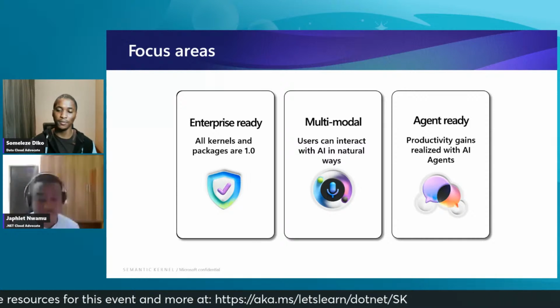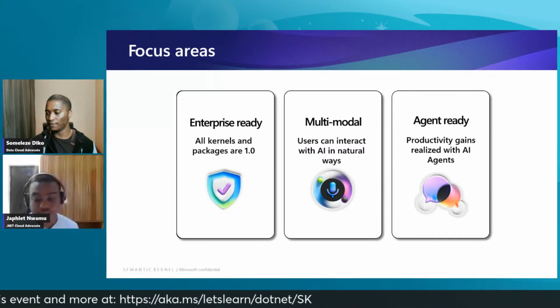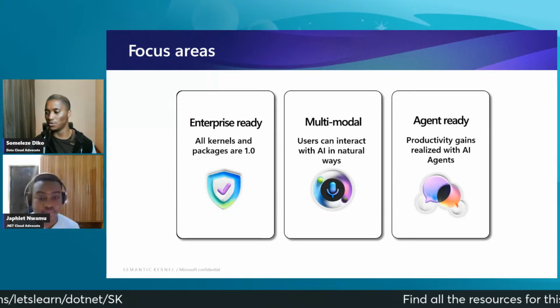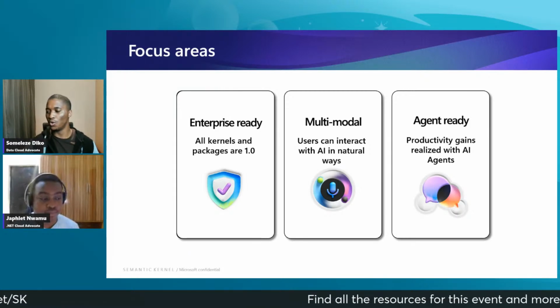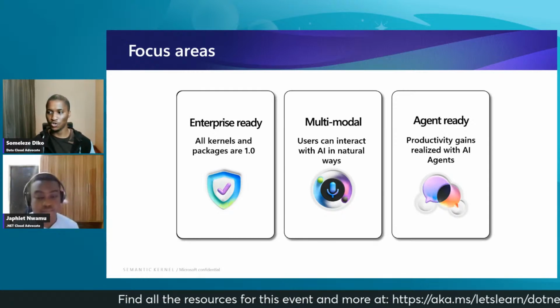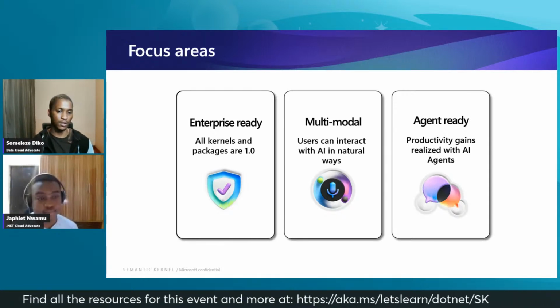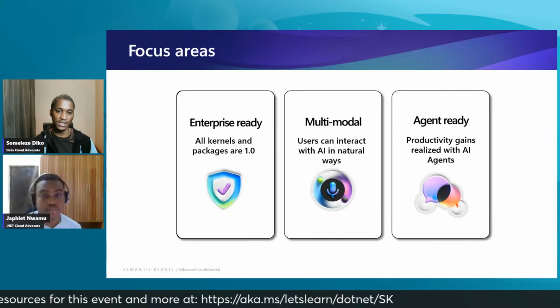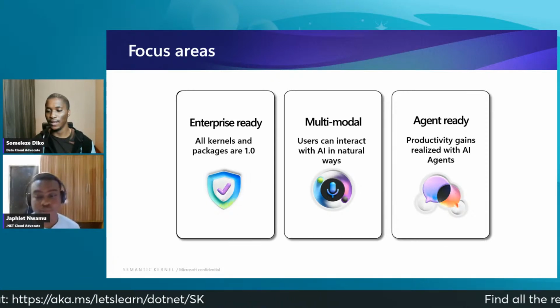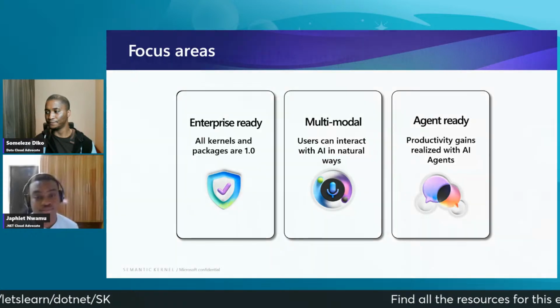Towards the end of the calendar year, they're going to start to ask about AI agents. They're going to want AI agents to go and do work for them, so you have to think of ways to make those apps intelligent, and look at the different focus areas with using Semantic Kernel.